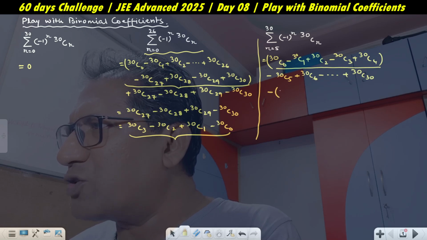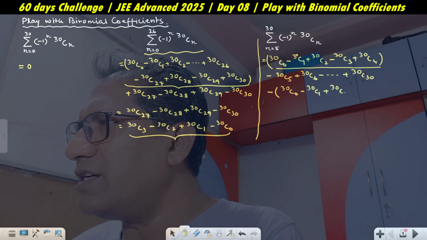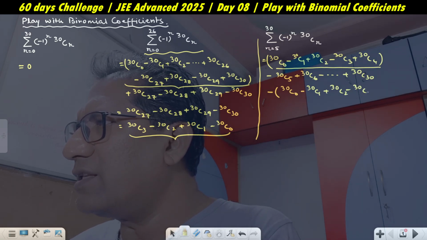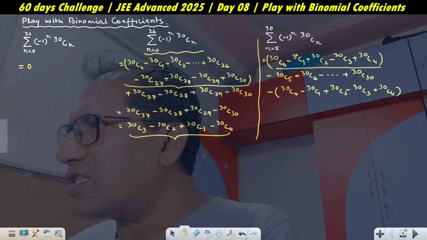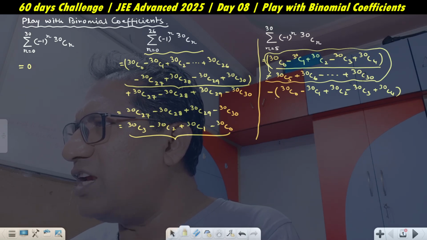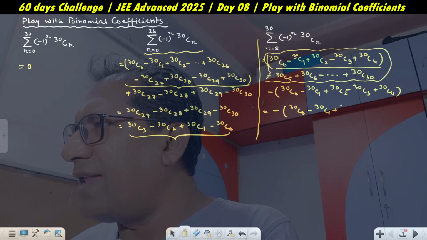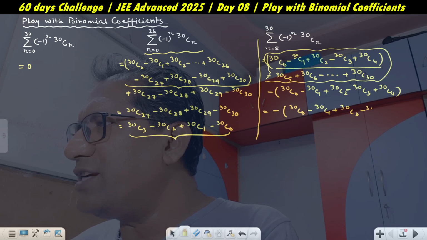So I am subtracting this whole thing, 30C0, 30C1, 30C2, 30C3, 30C4, right? So this whole part will give us 0, and our answer will be this one. Again, I am not going for the calculation. You can do it.